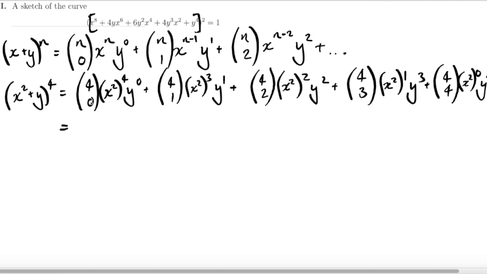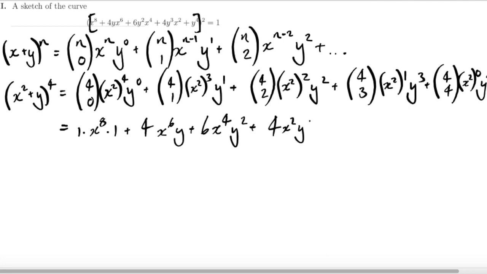It comes out as 4 choose 0 is just 1, x squared to the power 4, well, we can multiply the powers here, so that will be x to the 8, and y to the 0 is just 1. This is 4, multiply the powers here, so we get 6, y, this is 6, this is just 4, this is just 1.